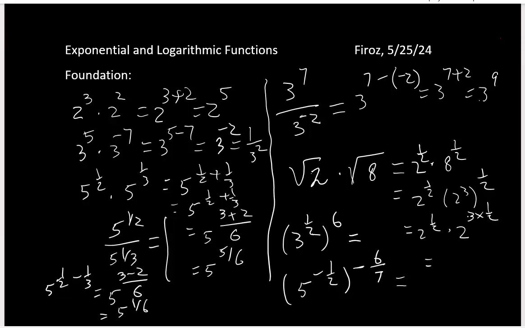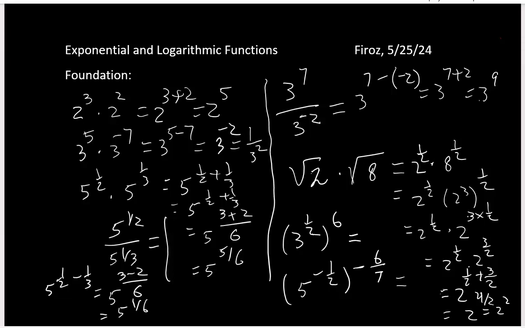So finally, you see you have 2 to the 1/2 and 2 to the 3/2. So when you combine the exponents, it is 1/2 plus 3/2. So altogether, the common denominator you have already. So 1 plus 3 is 4. 4 over 2. This is 2 to the 2.